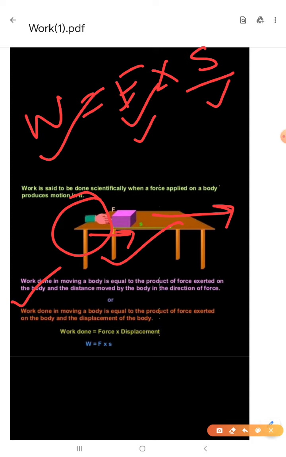If this block is moving, it means work is done, because force is being applied. But if this block is not moving, it means displacement is zero in this case, so there is no work.